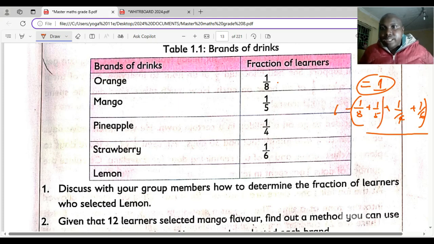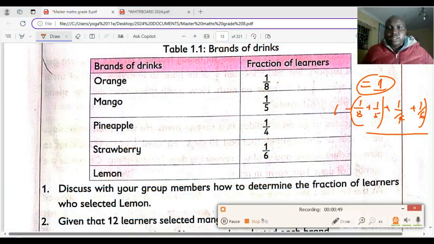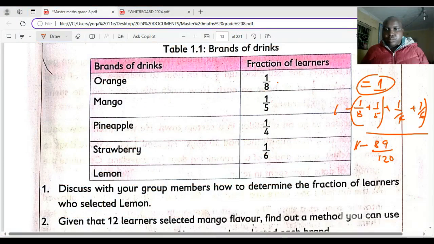You can add. So 1 over 8 plus 1 over 5 plus 1 over 4 plus 1 over 6, the total is 89 over 120.